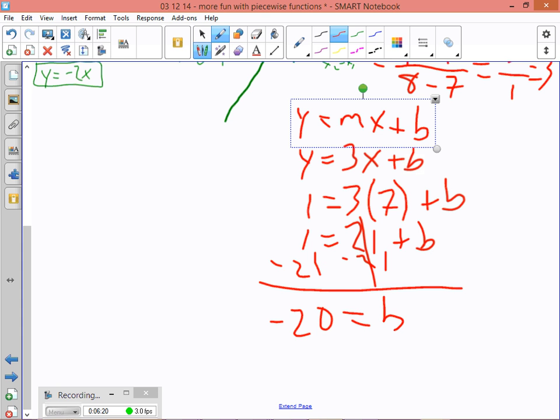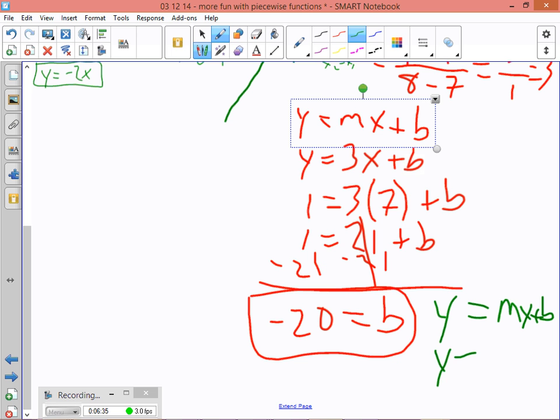That's going to be my b. And I found b. I already know my slope. So my equation, y equals mx plus b, is going to be y equals 3x minus 20. Great. So am I done?